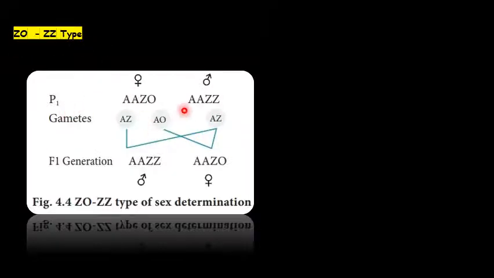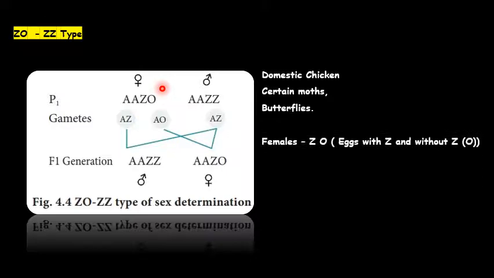We can see this kind of sex determination in domestic chicken, certain moths, butterflies; all these exhibit this kind of sex determination. So remember in XX and XO type, I told you XO is nothing but there won't be any chromosome. Hence we call that a null chromosome, right?